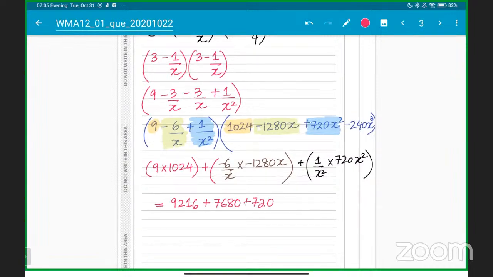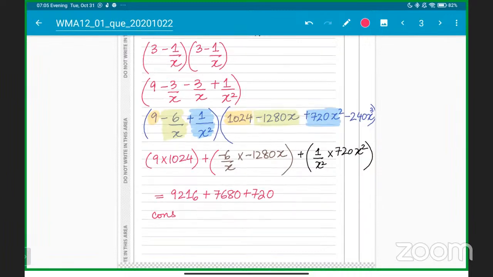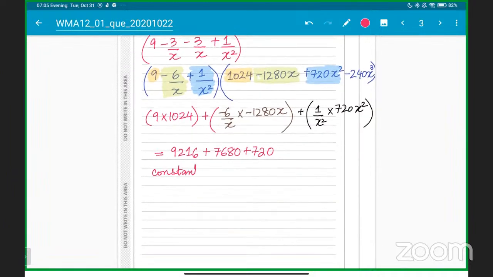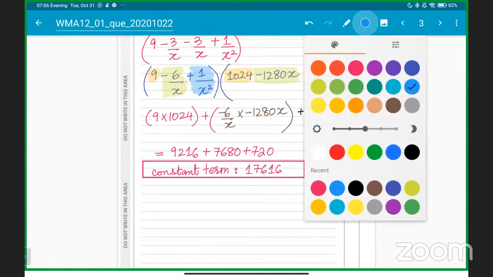We can write down the constant term is the addition of all of them. That is basically 9216 plus 7680 plus 720. That is basically 17,616. And that is the constant term for the binomial in this expansion when you multiply 2 different things.